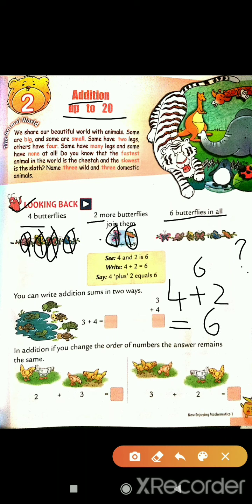Whether we write 2 plus 3 or we write 3 plus 2, the answer will be same. So if the numbers are same and orders are changed, the answer is not going to change. Got it, students?